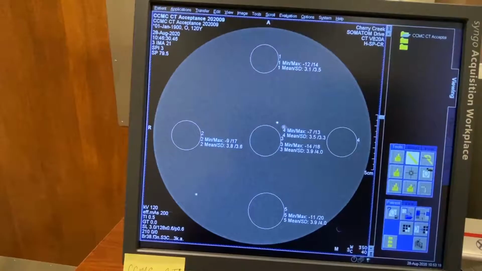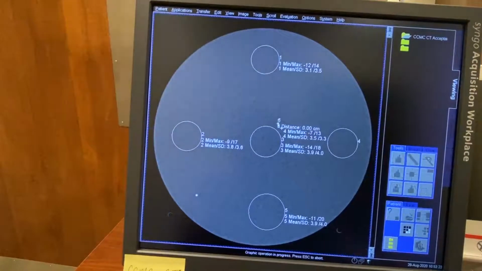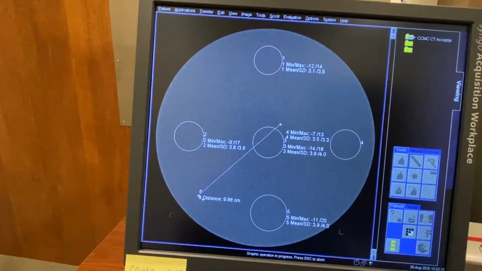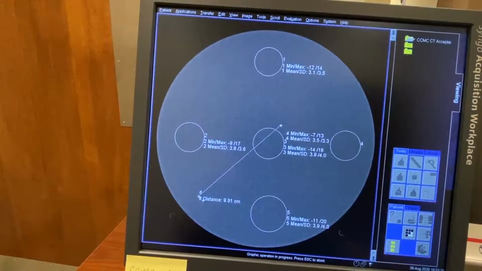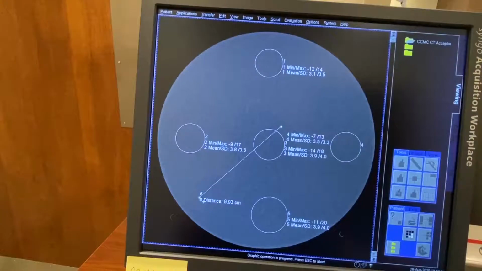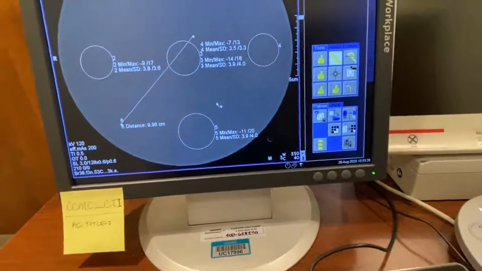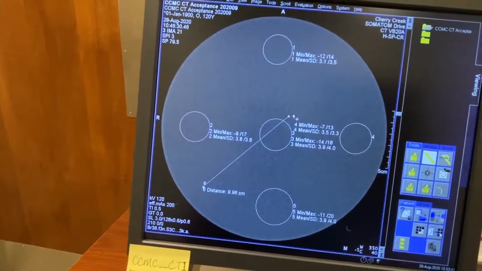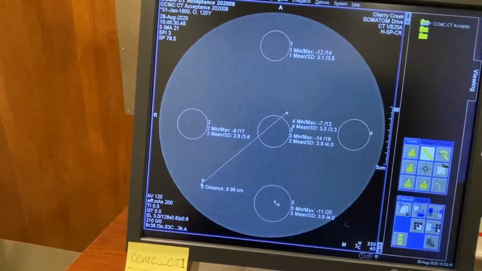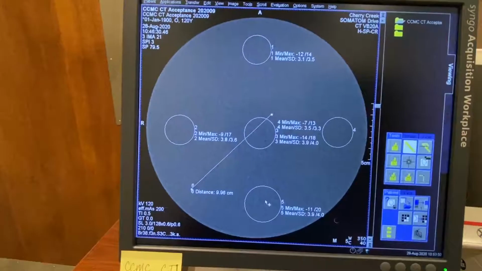You can see there are 2 markers here. By measuring the distance between them, I know if my image is distorted or not. It's supposed to be 10 centimeters exactly, and this is 9.96 centimeters, so it's close enough.